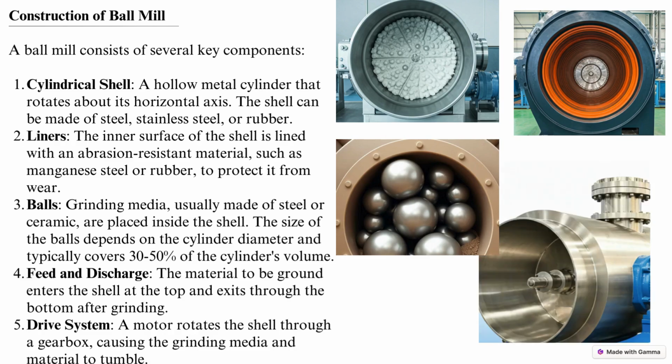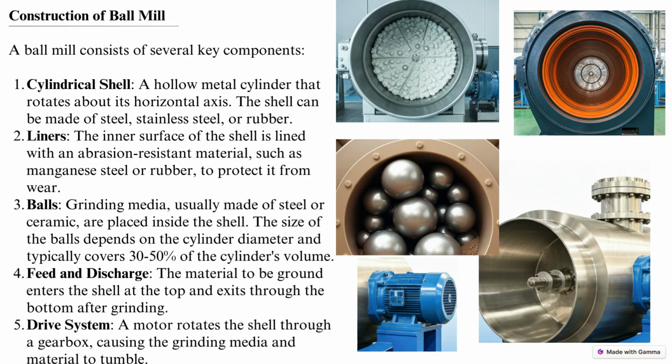The material which is to be ground enters the shell from the top and exits through the bottom after the size reduction process. And the next is the driving system. Driving system means a motor is connected to the hollow cylinder in order to rotate it, causing the grinding media and material to tumble.